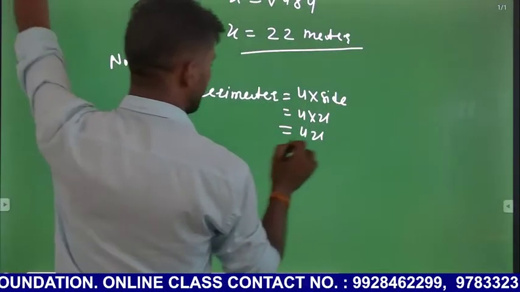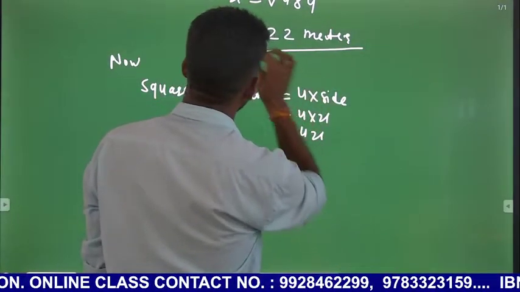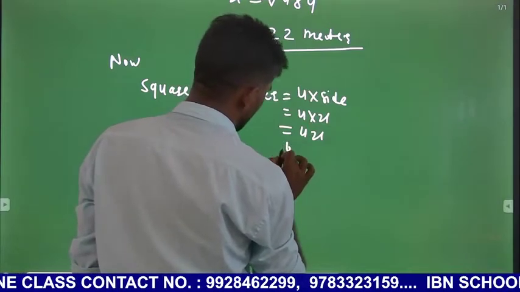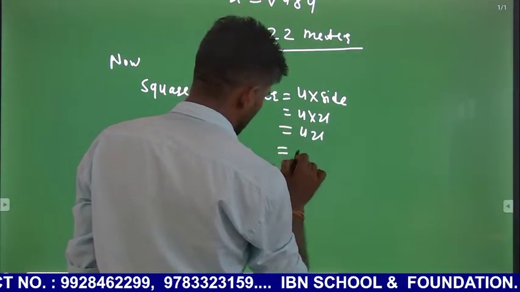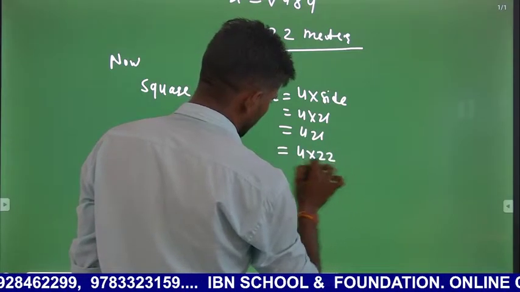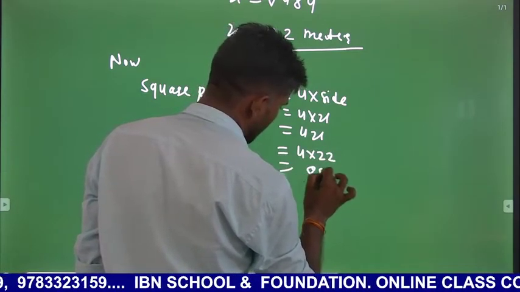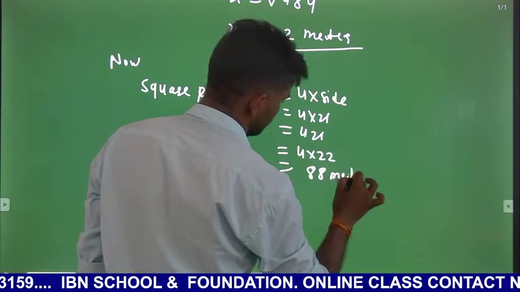The value of x is 22, so 4 multiplied by 22 is equal to 88 meter.